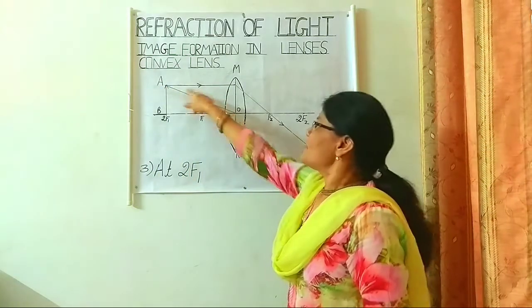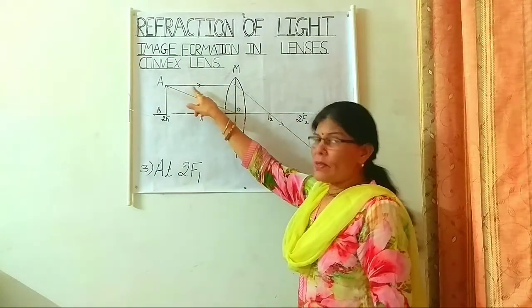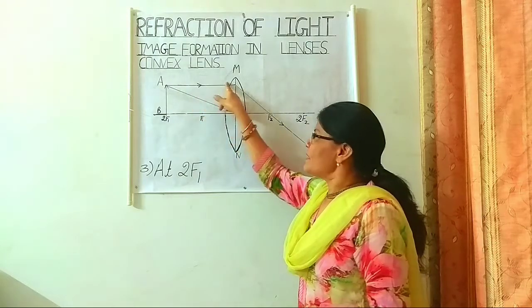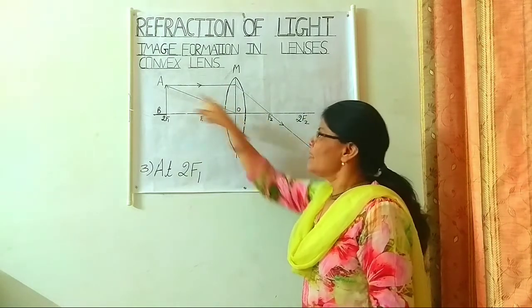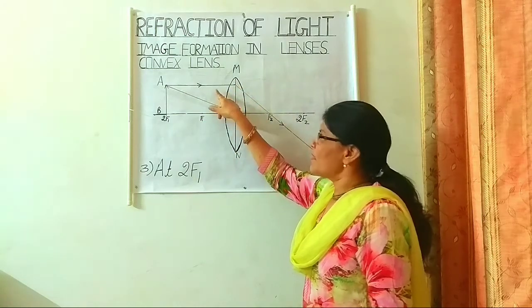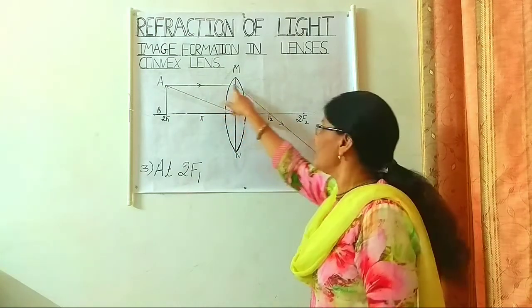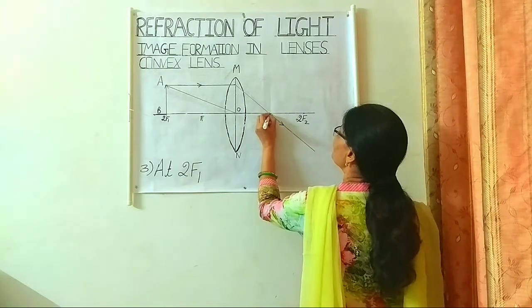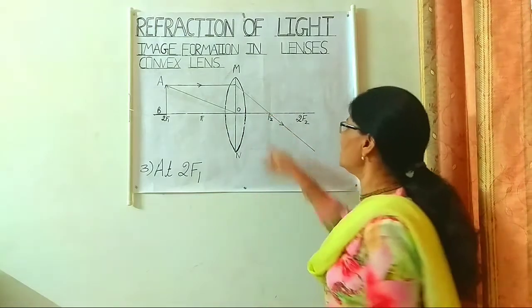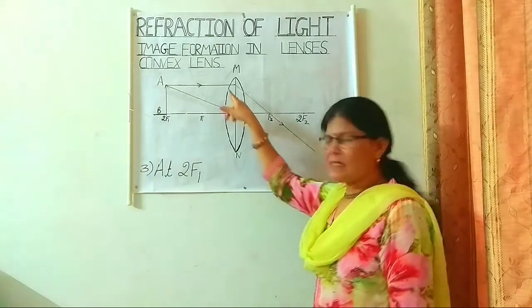This is our incident ray. According to the first rule, when an incident ray comes parallel to the principal axis, the refracted ray will pass through the principal focus. This is the first case.